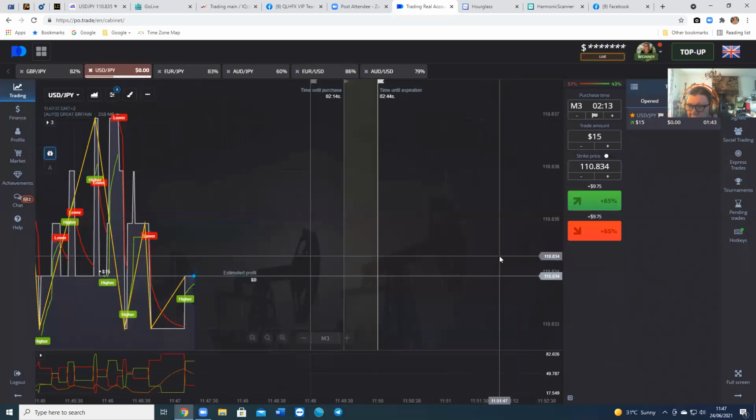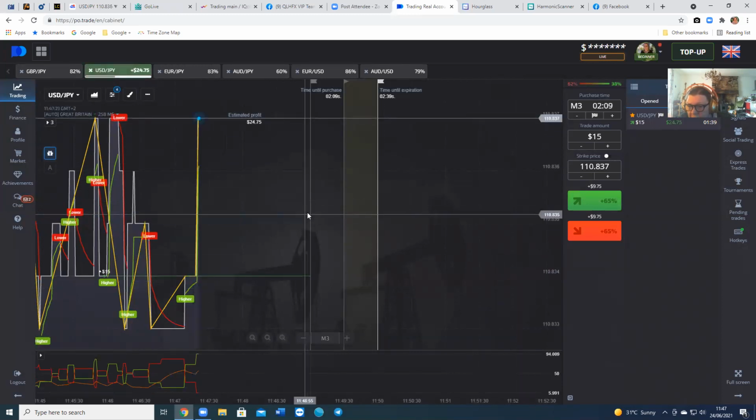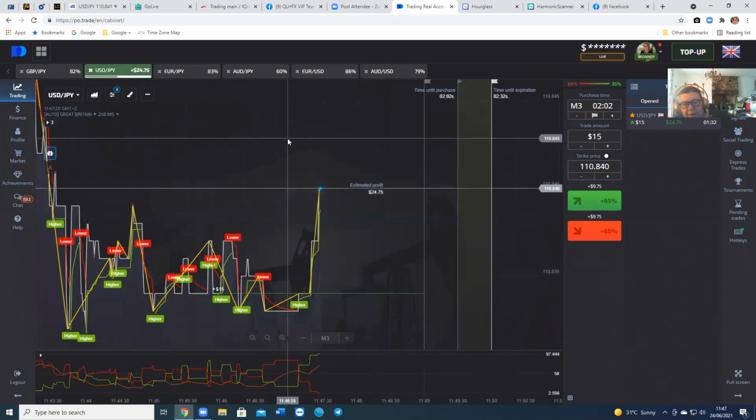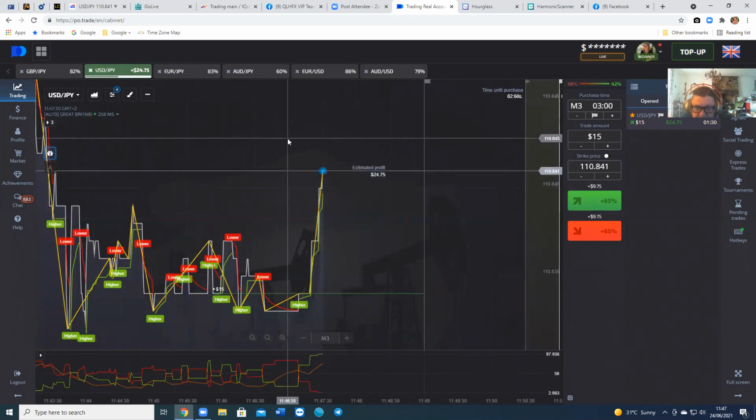So it's 8:34, strike price 8:34. It's quite a low payout, 65% on this broker. Got 1 minute 33 left in this trade. See how we get on.